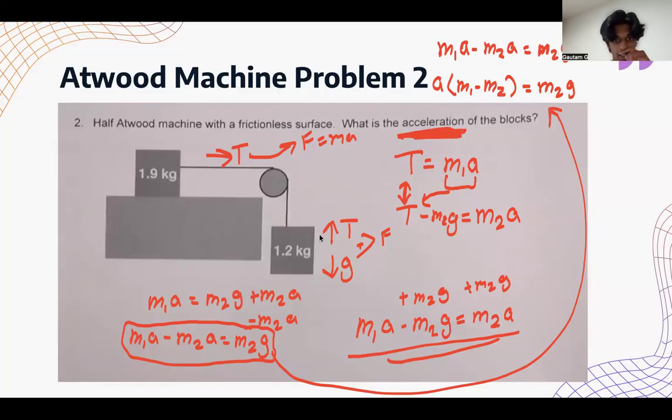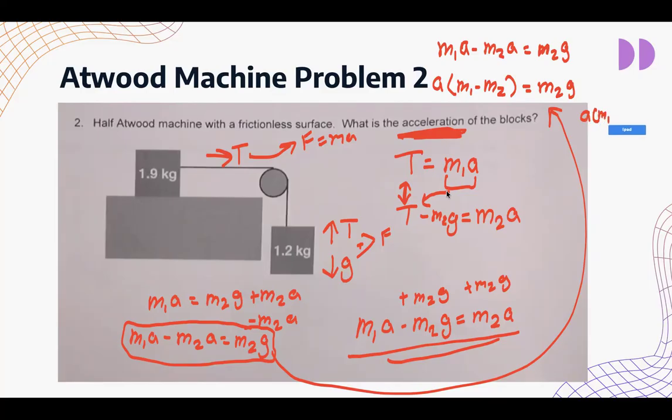Good. So then once we have that, what we can end up doing is dividing, I'm running out of space.